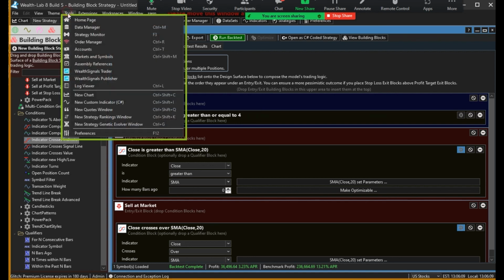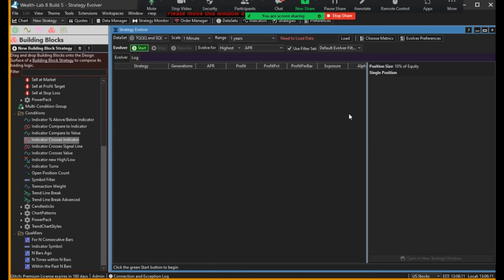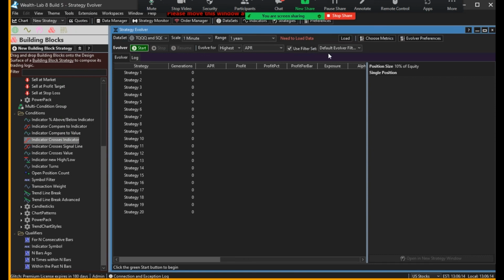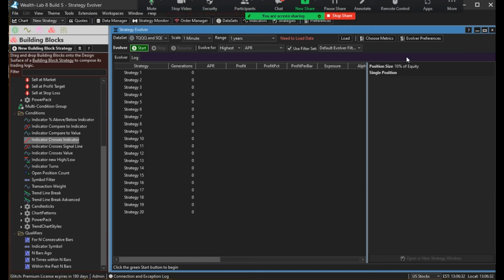If you open the Evolver, you'll see there's a filter here, the Evolver filter. It's in the Strategy Optimizer, where you put the filter. So it's going to apply this filter. It could be that you had a really good strategy, but it had too many NSF positions or something like that, so it excluded it.